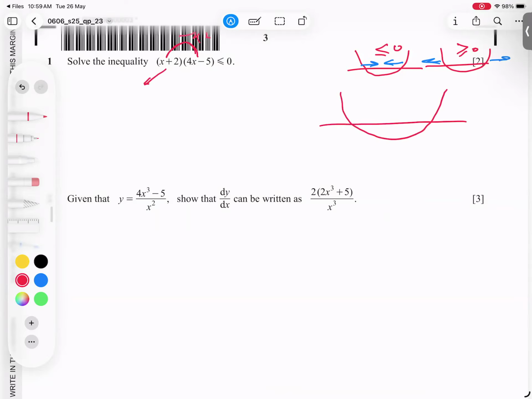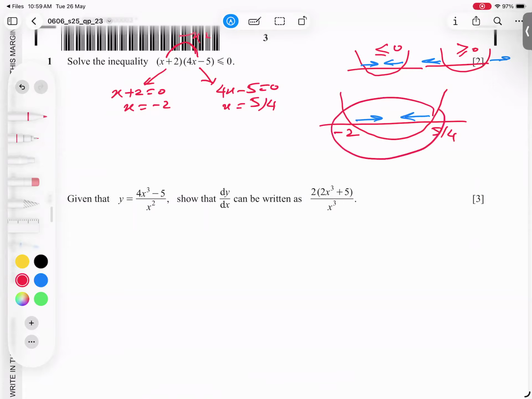When this equals 0, I get -2. When this equals 0, I get 5/4. So -2 here and 5/4 here. As it is less than, the arrows will be inside.